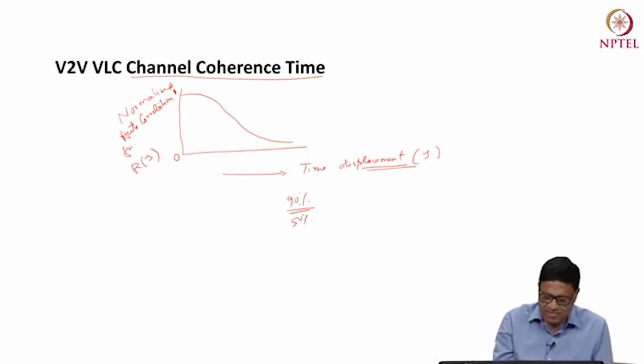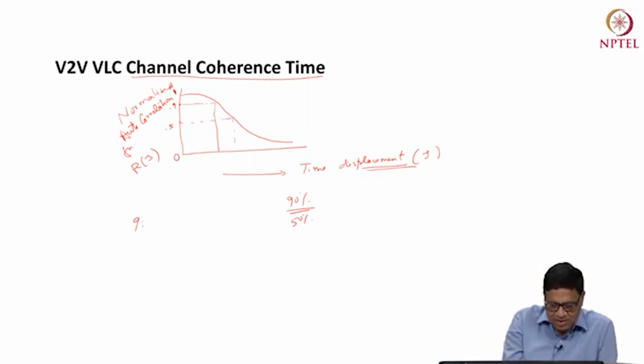So if you see the values at 90%, say this is 0.9 and this is 0.5, this will give me this value of coherence time, whereas this will give me this value of coherence time. So the 90% coherence time is typically 33 millisecond.